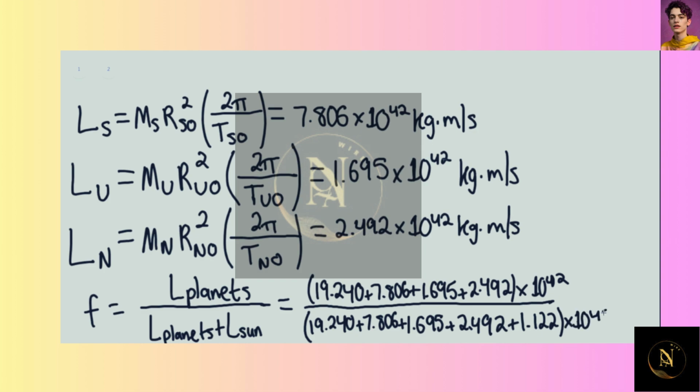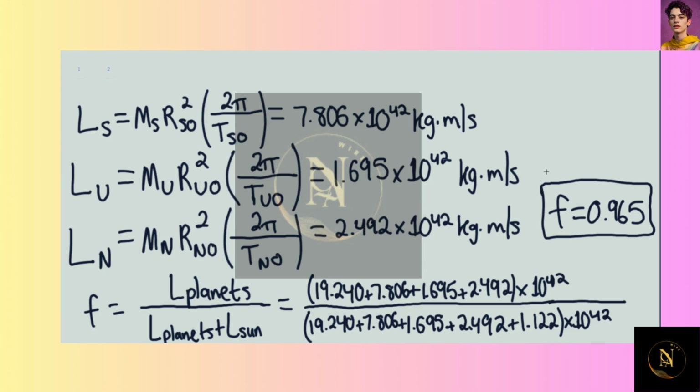And we see that this fraction is equaling 0.965. So essentially, the angular momentum of the planets accounts for much more than the angular momentum of the sun about its axis in relation to the total angular momentum of our solar system. So again, F is equaling 0.965. This would be our final answer.